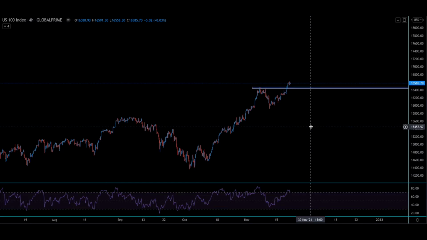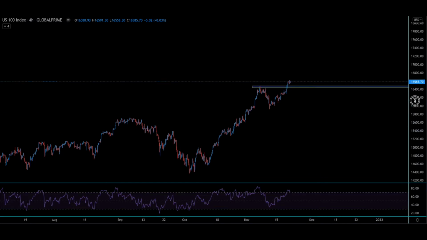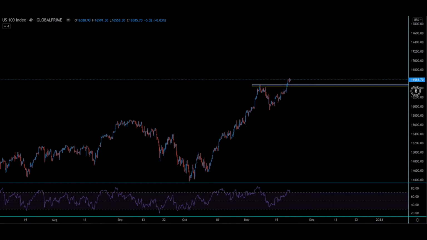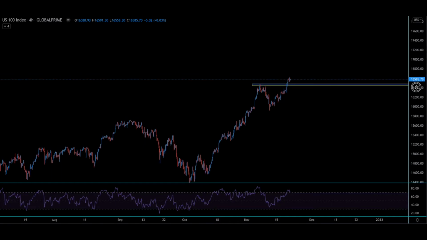Now, one of the things you may have noticed is that the time scales I'm looking at are quite high. I'm looking at between 4 hours and the daily. The reason is I'm just an average 9 to 5 working type of individual, so I cannot really be in and out of trades like that. I have to look for ideal setups, join them, and ride them for as long as I possibly can.